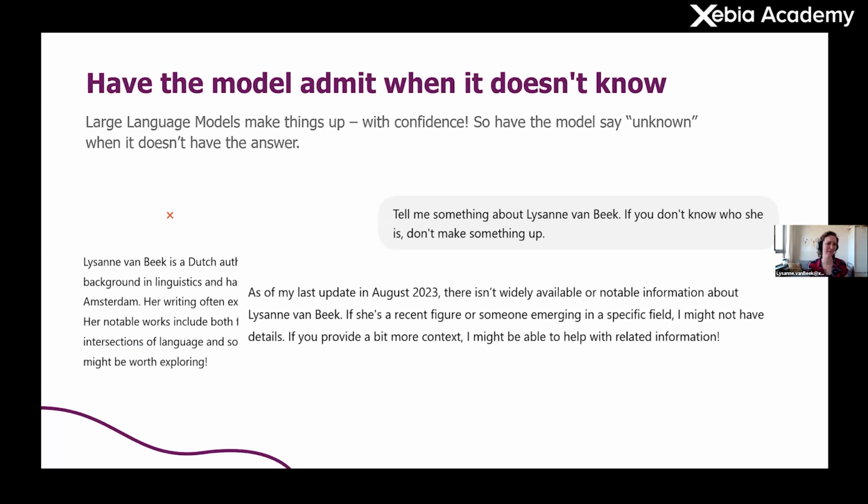I'm a nobody. I think if I ask now, it actually does find something on the Xebia website or something. But this can help to prevent these hallucinations, but it's not foolproof. It can still hallucinate even if you tell it not to make up things. So something that you can keep in mind.